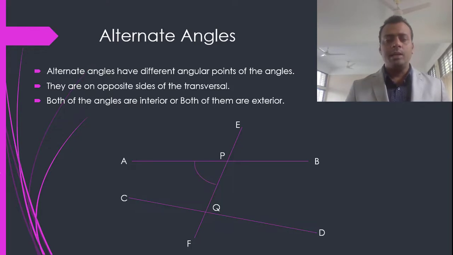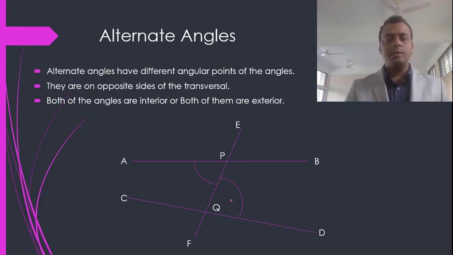You can see the angle APF. So angle APF and angle DQE are mutually alternate angles. APF is the alternate angle of DQE and DQE is the alternate angle of APF. Why?